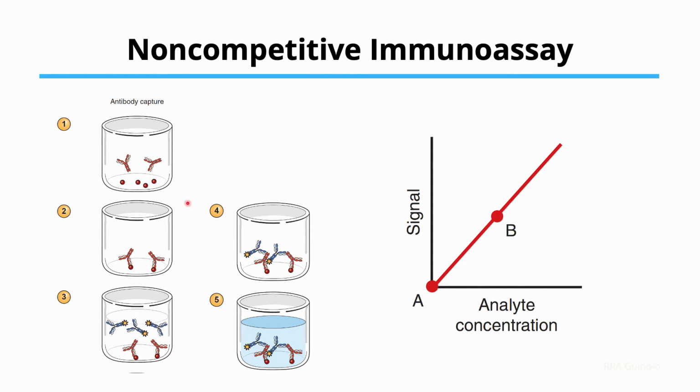And if the patient does have the antibodies of interest, then the secondary antibody will be able to bind to them and produce a signal which we can detect. And again, the relationship is still directly proportional. The higher the signal given to us by the secondary antibody, the higher the analyte concentration. In this case, this is the antibody concentration in the patient sample.